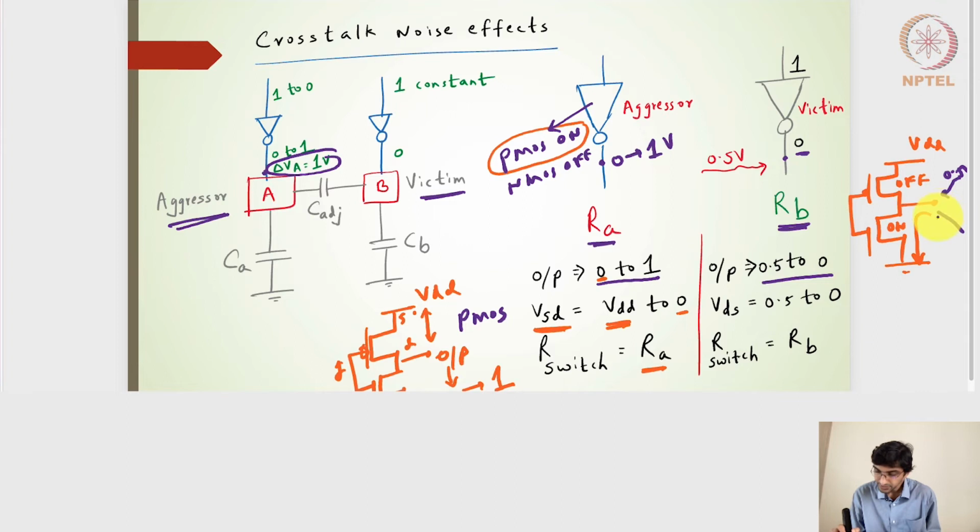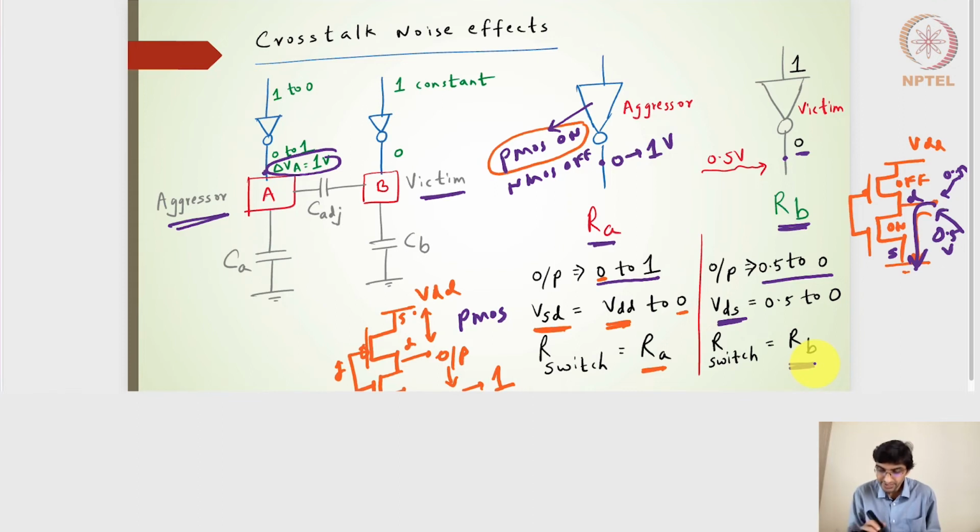So the 0.5 volts is going to get discharged to 0 volts. My output is at 0.5 volts and then it will go back to 0. That means the VDS of the NMOS will be 0.5 to 0, and my switching resistance is considered as RB.